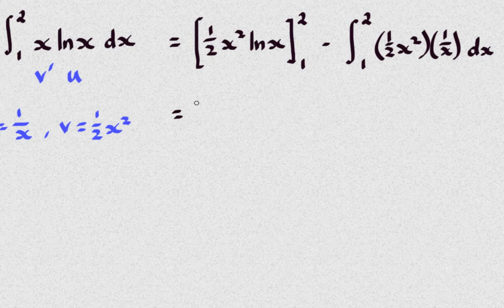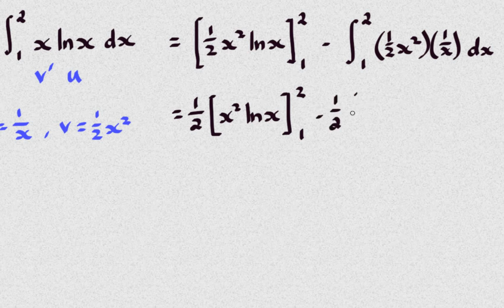Now here, I might just drag out the constant 1/2 and not worry about actually evaluating it yet. And likewise here with this integral, let's drag out 1/2. We have the integral between 1 and 2, and x squared times 1 on x. Well, that simplifies just to be x.